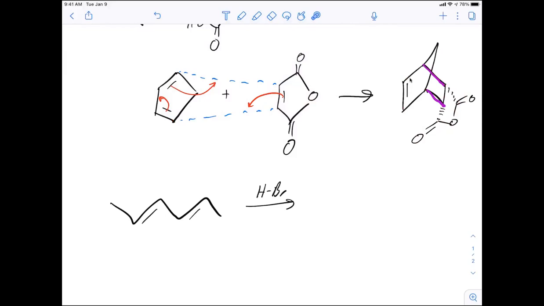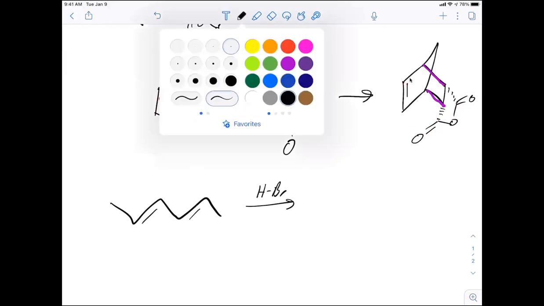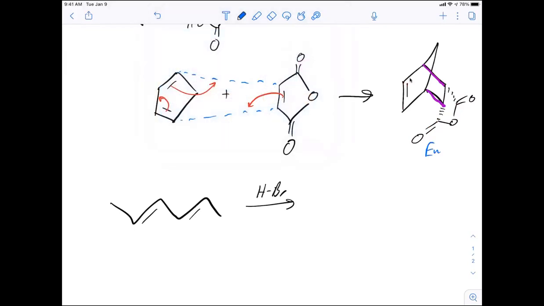This is one of those stereoselective steps. The pi bond here is going to overlap with the pi bonds back here, and so this is known as endo. So this is the endo structure, and showing that down is the endo. This is most obvious in bicyclics.